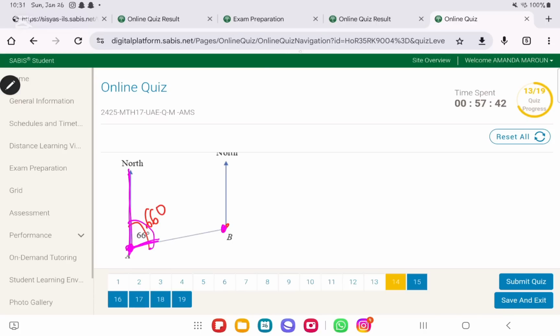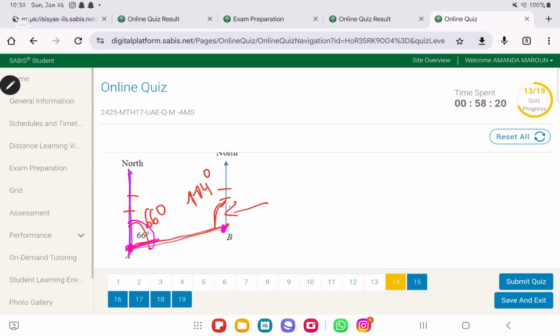But now, however, they are looking for what? They are looking for the bearing from B to A. We can do this in many ways, but personally how I would do it is, because this is two parallel lines, and they make a U shape, that means these two are supplementary. So this angle over here is equal to 180 minus 66, which is 114 degrees.